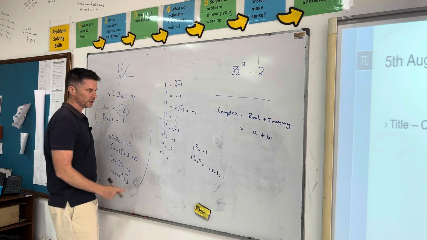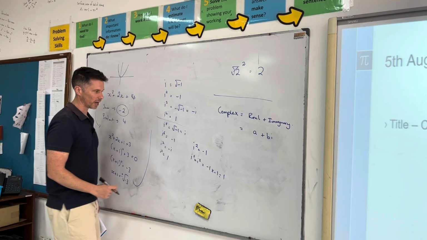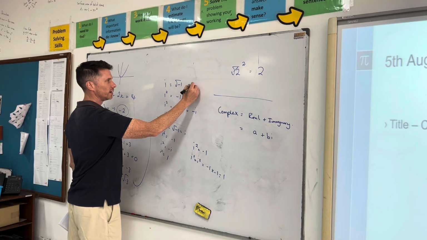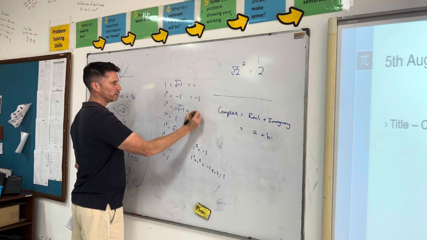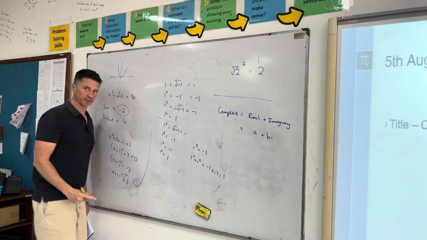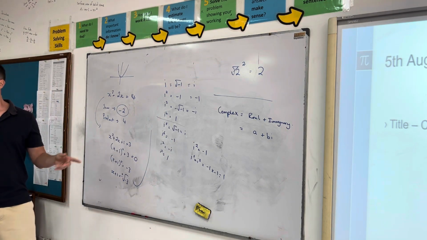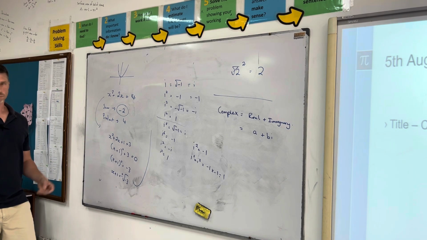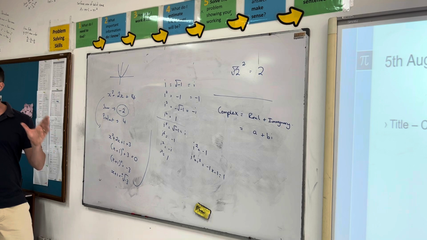So what's the cycle it goes? It goes i, -1, -i, 1. i, -1, -i, 1. Now that becomes useful when we come to multiplying complex numbers, and we know what i to the power of 4 is. We know straight away that's 1.